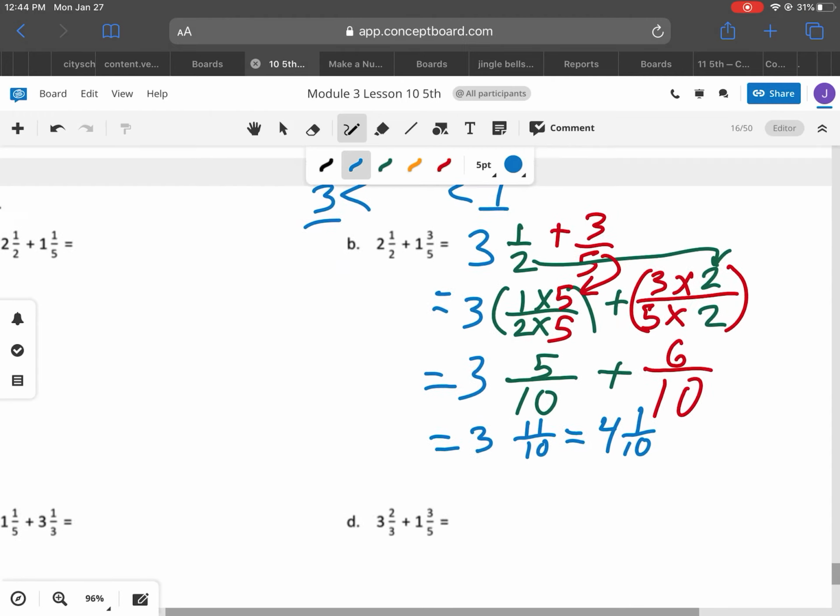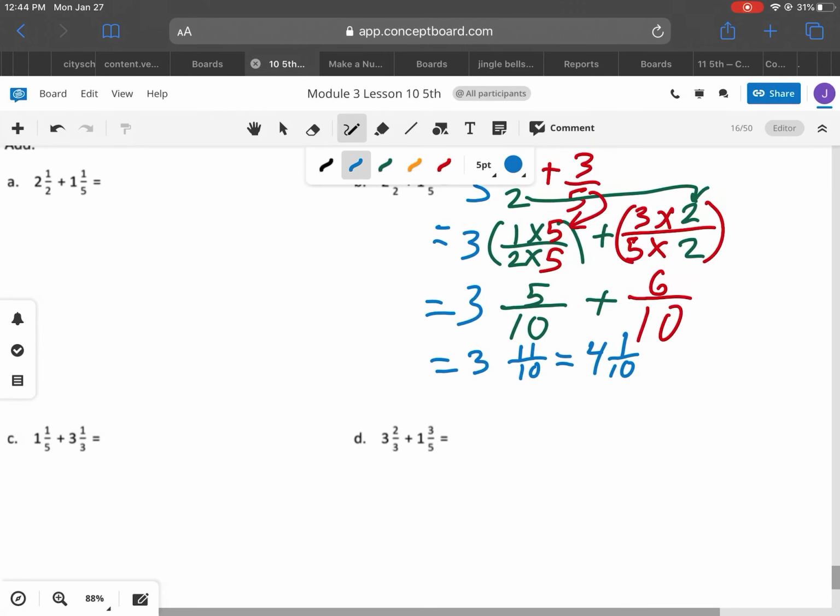All right, 4 and 1/10. I know that because 11 is greater than 10. So if I have 11/10, I know I can take out 10/10, and then I'm left with 1/10.